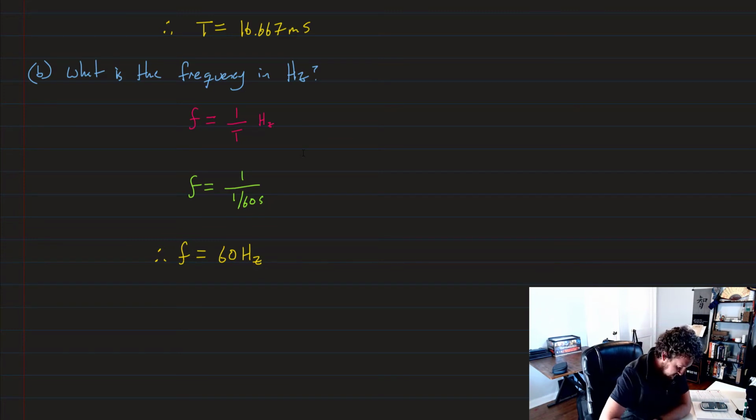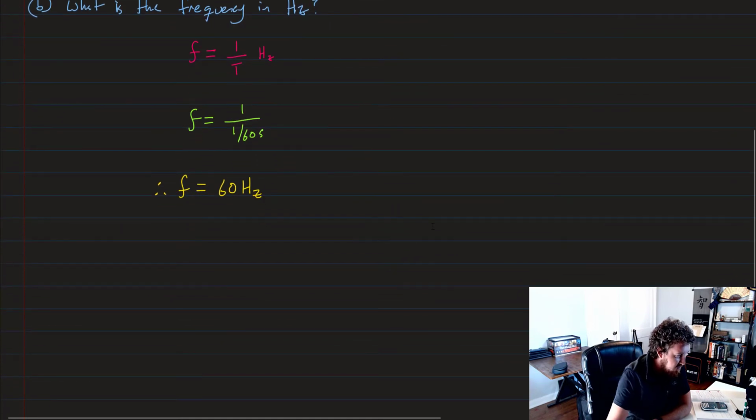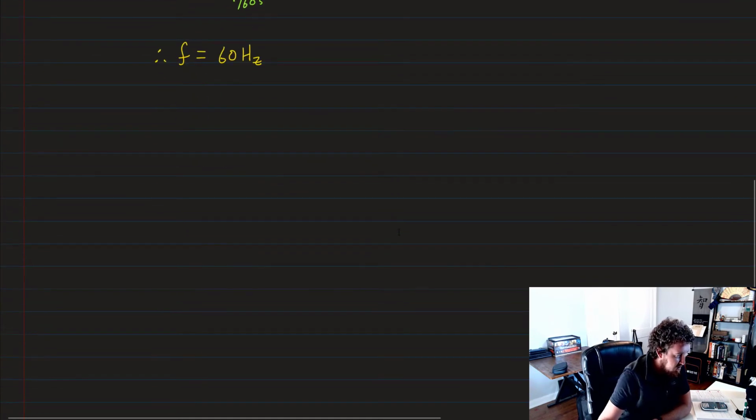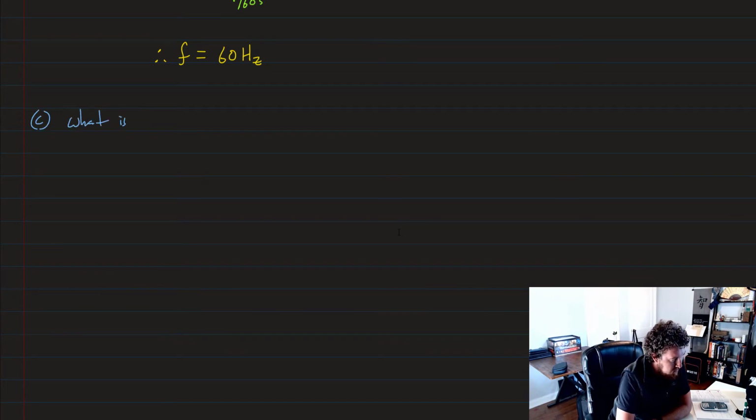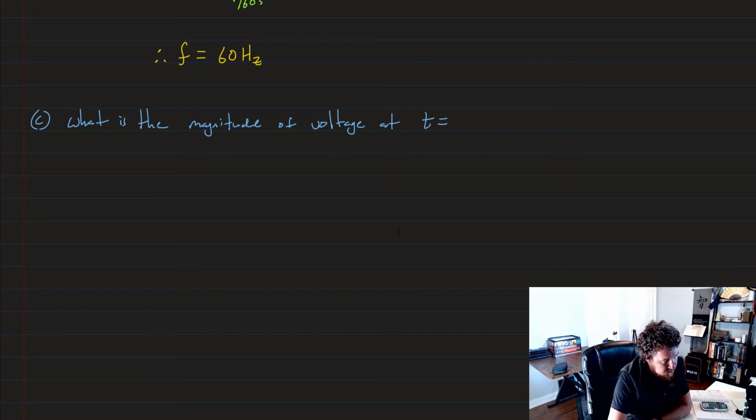Next up, part C asks us, what is the magnitude of the voltage at t equals 2.778 milliseconds?